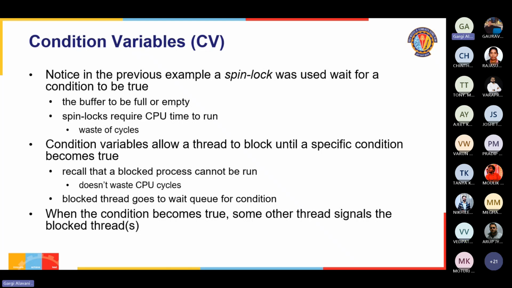Sure. Can you just explain a bit about context switching? You mentioned context switching while explaining this. Can you explain what context switching is, to some degree at least, so that we can understand it better? Okay.